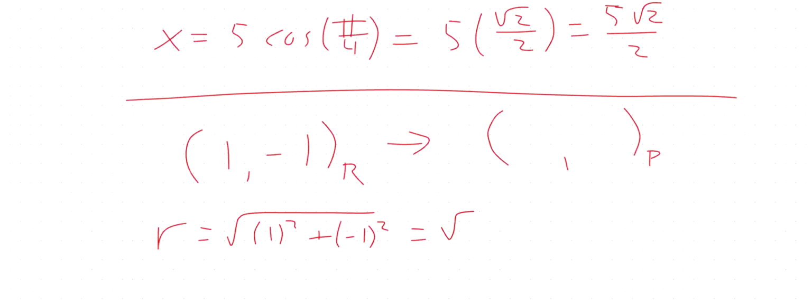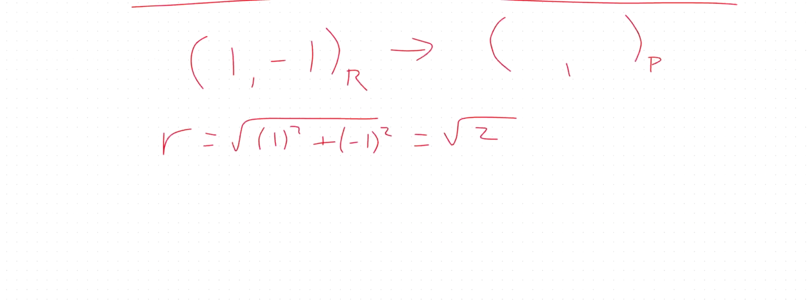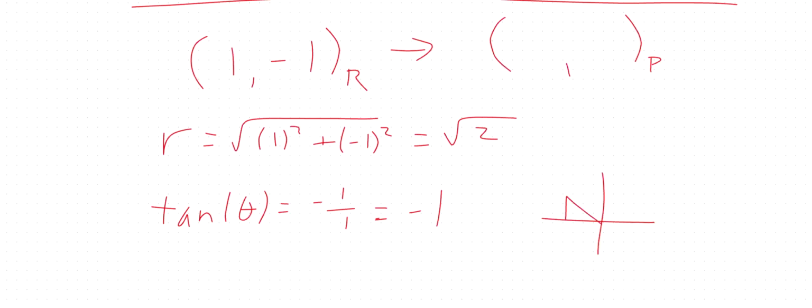So square root of 2. And then tangent of theta is our y over our x. So it's -1. So where's tangent equal to -1? It's either in the second quadrant or the fourth quadrant, because that's where it's negative.